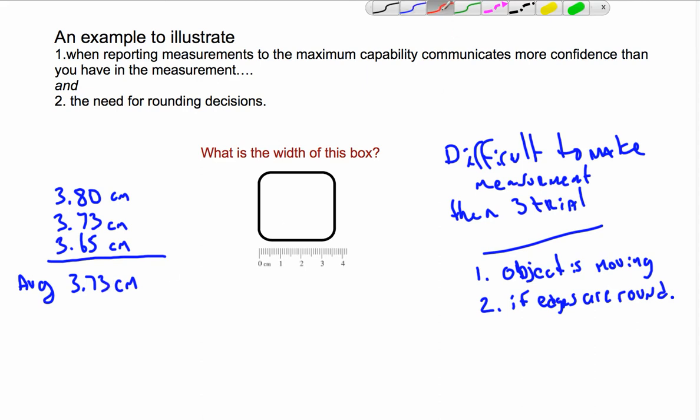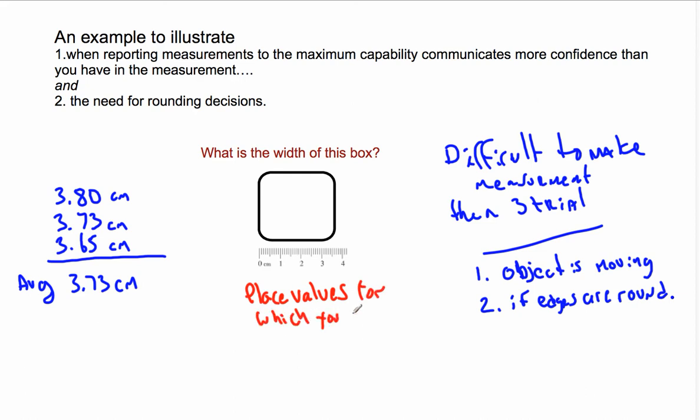Now, just like with measuring to the maximum capability, reporting the proper amount of confidence involves place values for which you are certain and then one place value that is a bit of a guess.